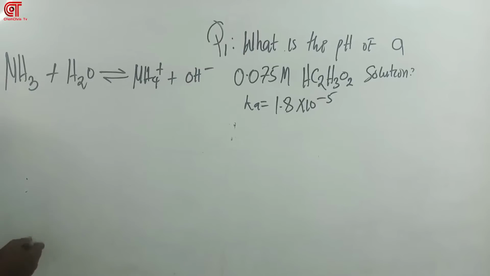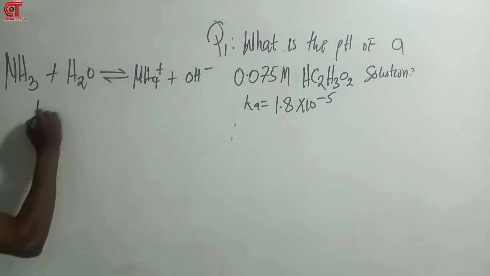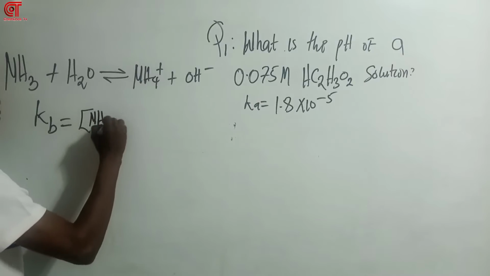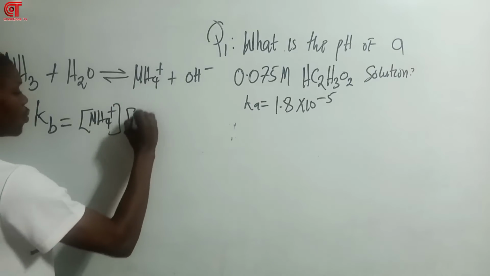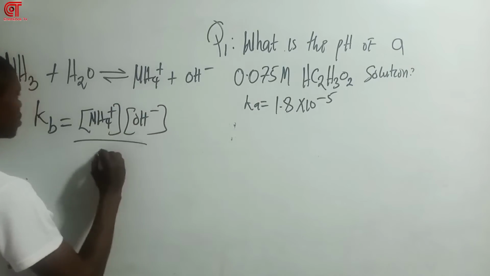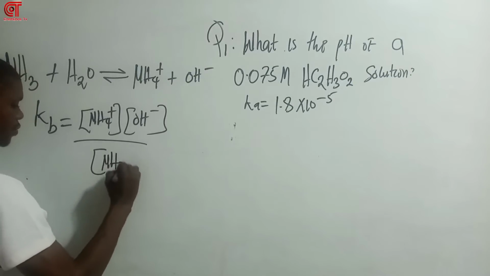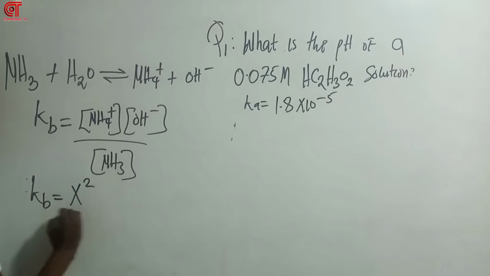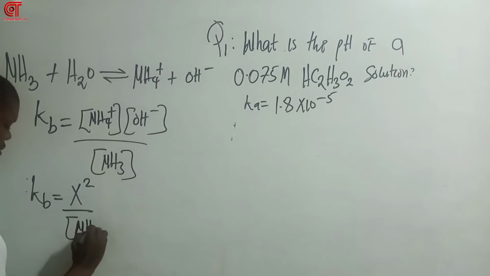If you write the Kb expression, Kb equals the concentration of NH4 plus times OH minus over NH3. We can apply a simple formula that says Kb equals x squared over NH3.